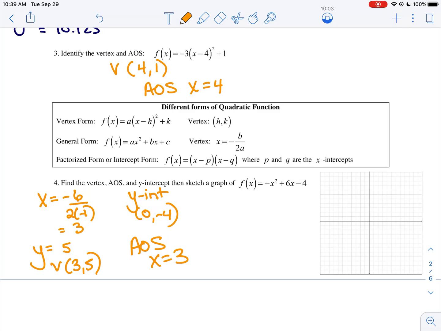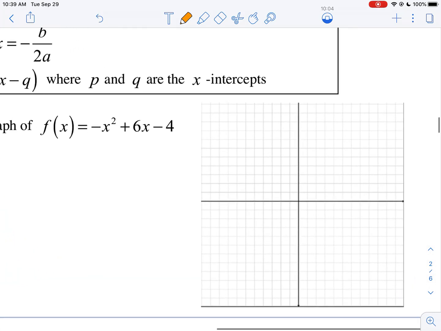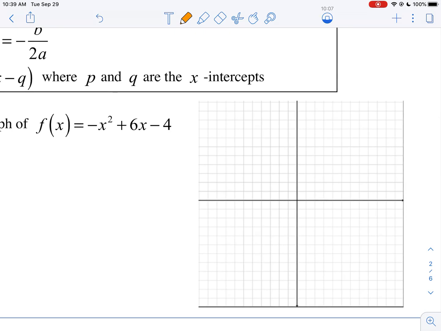All right, so now watch how I'm going to graph this without making a table. So if I have (3, 5), okay, there's (3, 5), and then I have (0, -4). And, you know, give some ticks here so that we know what we're doing.